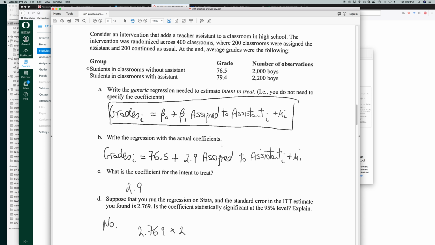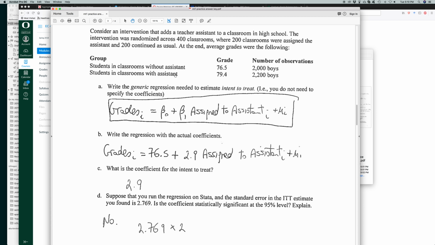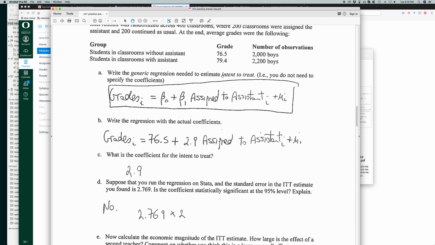One is students in classrooms without assistance, and the other is students in classrooms with assistance, where we have done a randomized assignment of pupils or classrooms to assistants. Students without assistance get a grade of 76.5, students with assistance get a grade of 79.4, and the question is, what is the generic regression needed to estimate intent to treat?